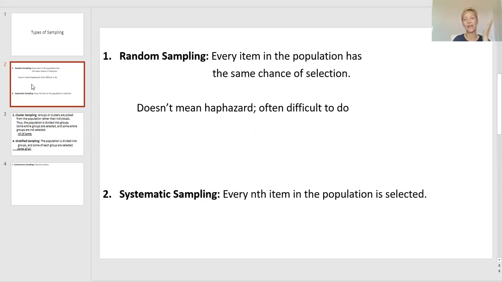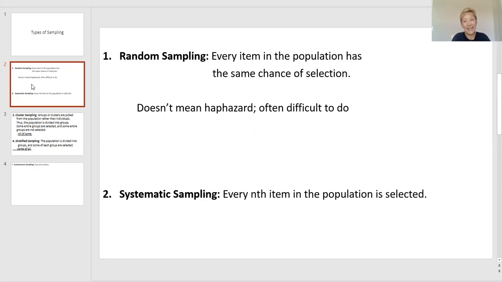So again, if I have that list of 24,753 names of registered voters in Clinton, if I pick every 115th name on that list, so 115, 230, 345, and so forth, that's what systematic sampling is.